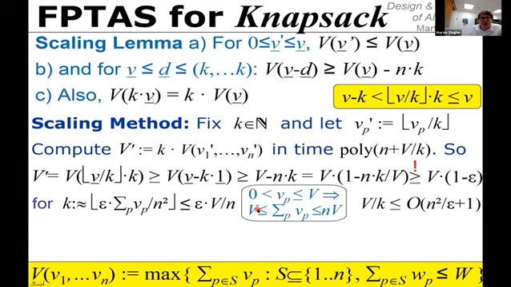The optimal value is less than the value of putting all possible packets into the knapsack. On the other hand, the total value of all packets combined is at most n times the optimal value, because the optimal value is at least the largest value packet, right?